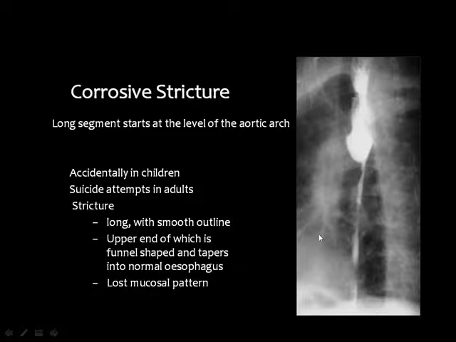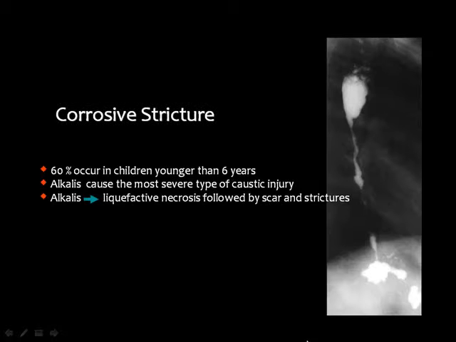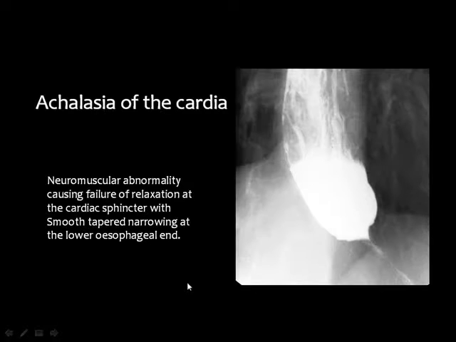While the corrosive stricture is usually seen in children and mentally defective patients, and this stricture is located high up in the esophagus. It is very long and shows the classic benign appearance of strictures. And this is another case of corrosive stricture, and you can see the long stricture and the smooth outline of the narrowed segment.